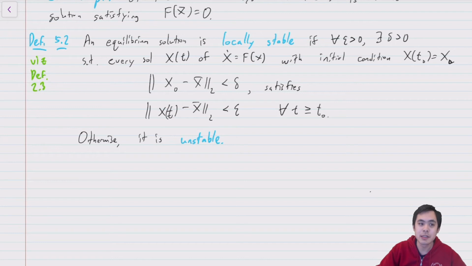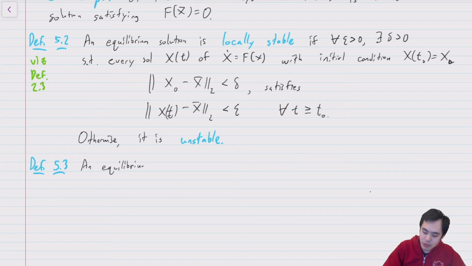Yeah, so the basic idea is, again, if you start close enough, you don't go too far away. Let's give another definition. So this is 5.3. We're going to talk about local asymptotic stability. So in the case of linear equilibria, which are just 0 unless you have a degenerate case, we talked about things asymptotically approaching 0.